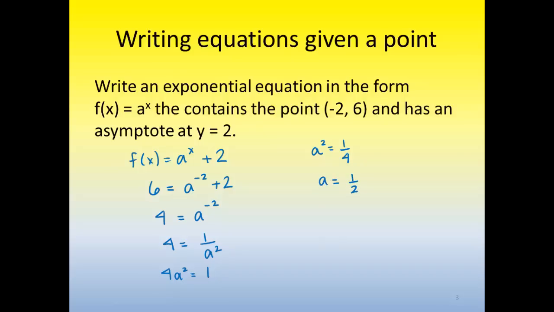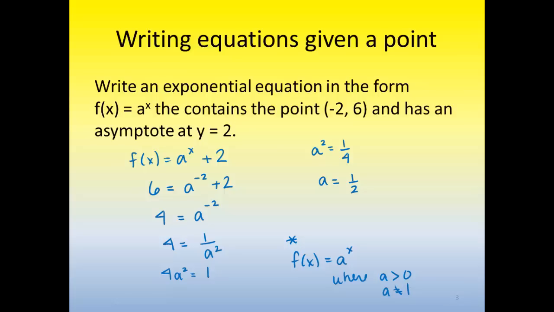If you're wondering why I'm not using plus or minus 1/2, it's because we have a rule with our exponential functions: exponential functions are in the form of f of x equals a to the x, where a must be greater than 0, but it cannot equal 1. Okay, so this is one way of writing that out.